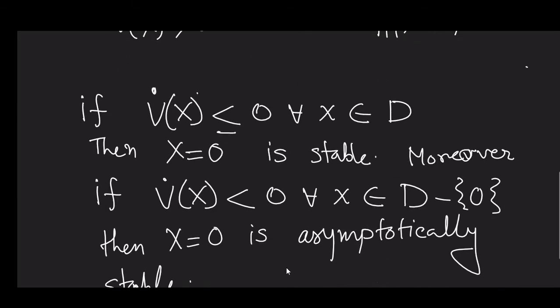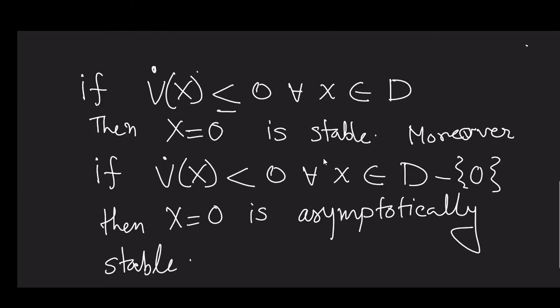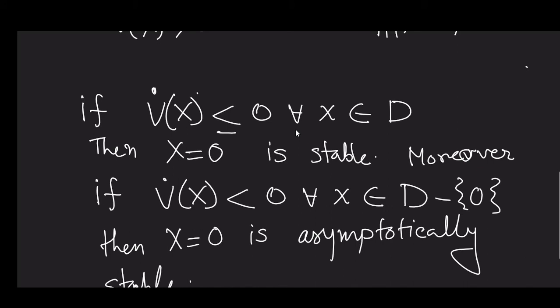And if this is true, if V dot x is negative semi-definite, then it will be just stable, and if it is negative definite, then it will become asymptotically stable. So that we need to prove.